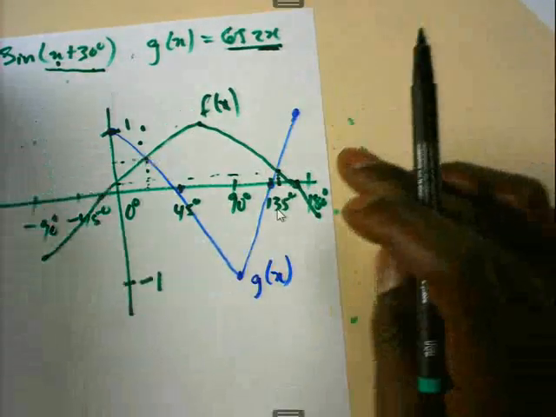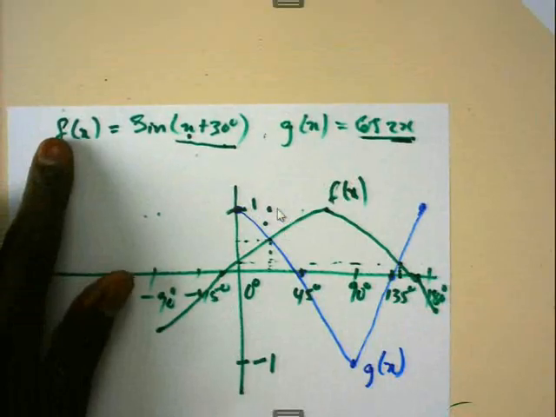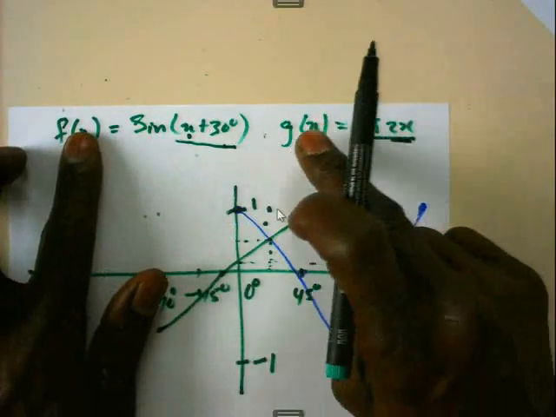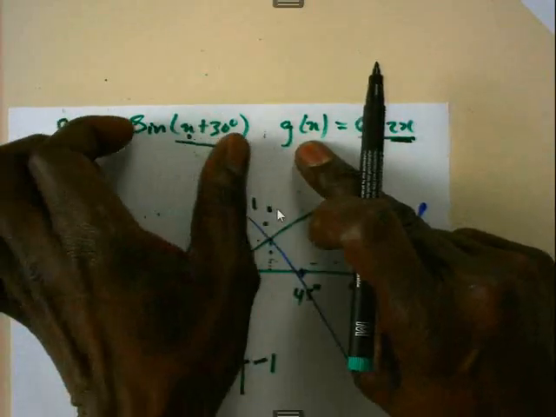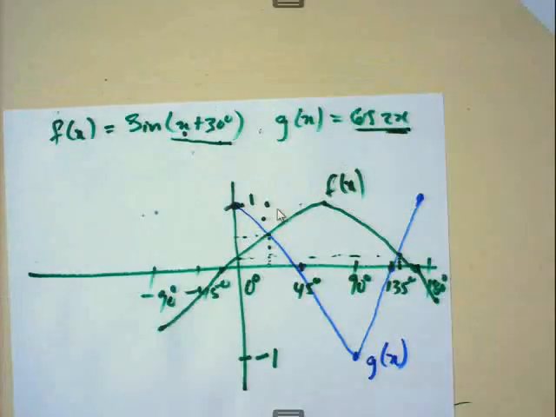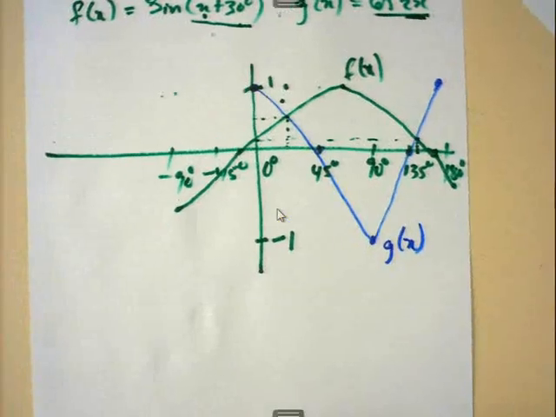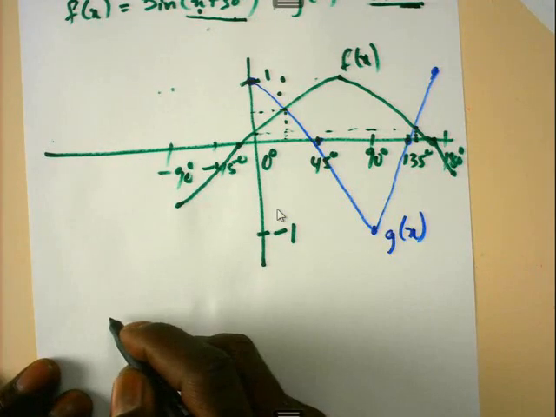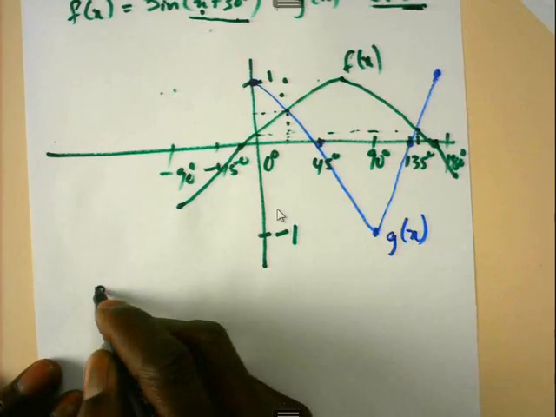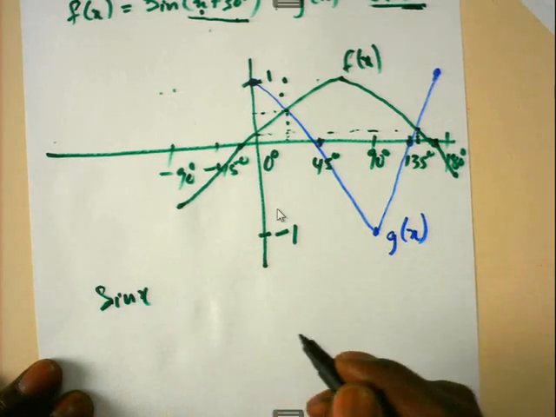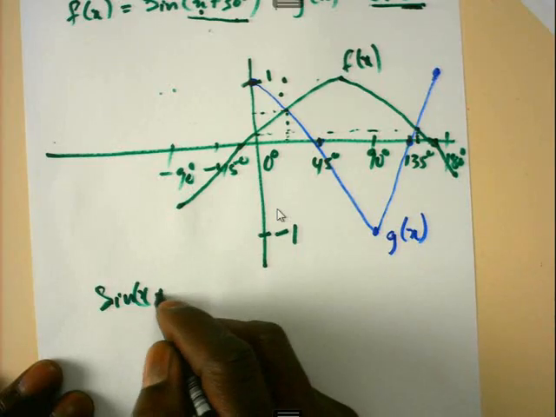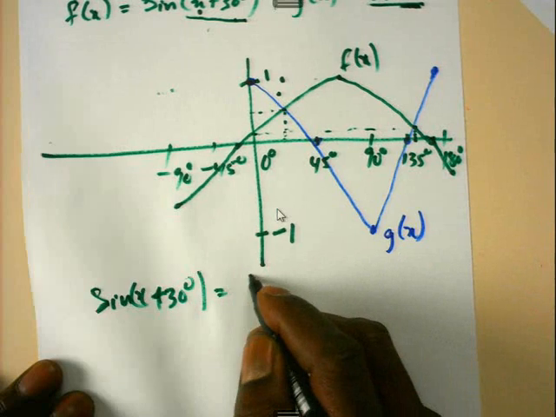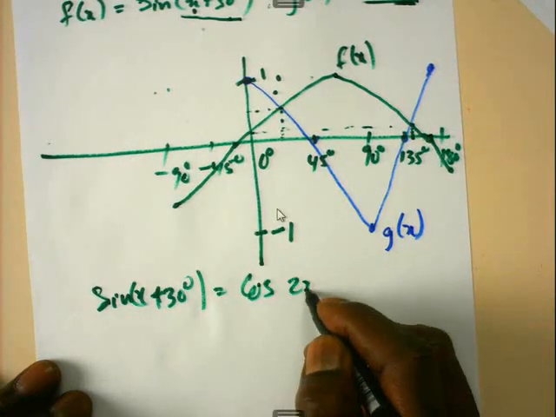So if the y values f at x is the same as g at x, the left-hand side is the same as the left-hand side of that. It means the right-hand side must be the same as the right-hand side of that. Now we have made progress. Sine of x plus 30 actually equals cos 2x.